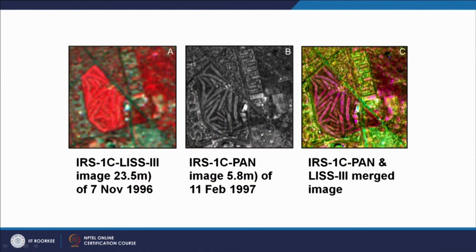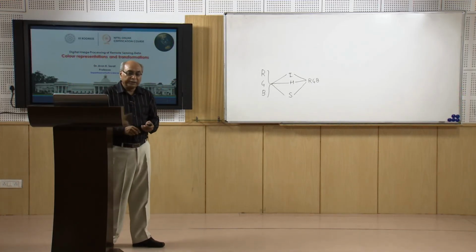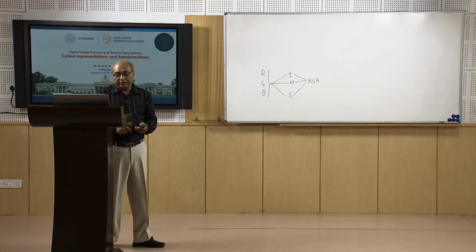This is the Delhi golf course area, where individual holes can be identified very easily as compared to the black and white image or even the false color image having relatively lower spatial resolution. So this is how merging can be done, exploiting color space.